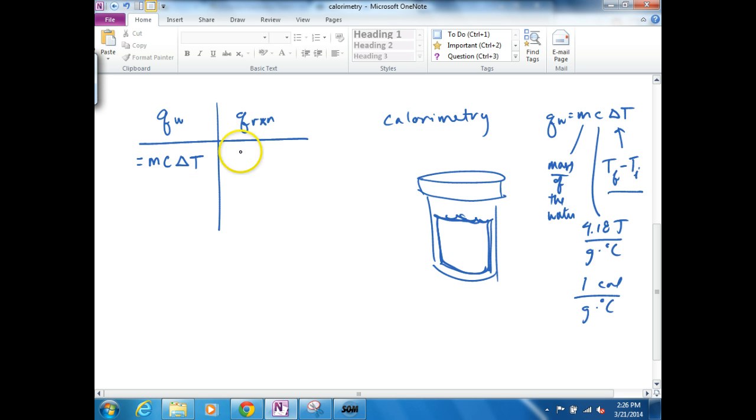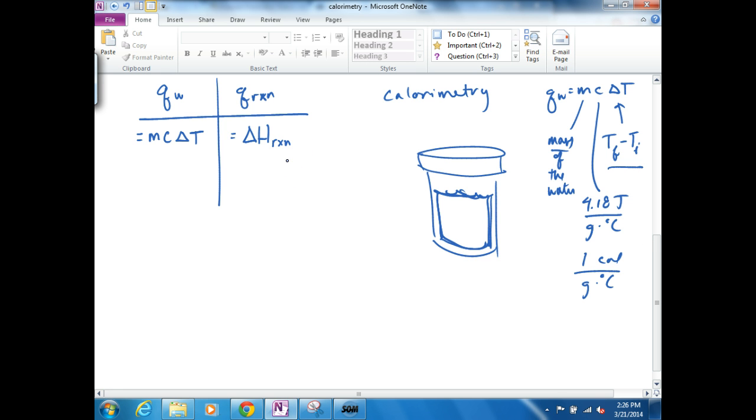Now Q reaction is actually equal to delta H, all right? It's equal to delta H for the reaction. Now I'm going to qualify that a little bit in another step. But for now let's just say that Q_W is mc delta T and Q_rxn is delta H for the reaction that's happening in the water.